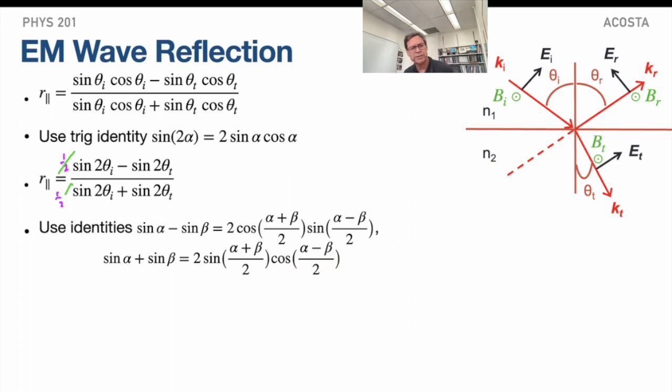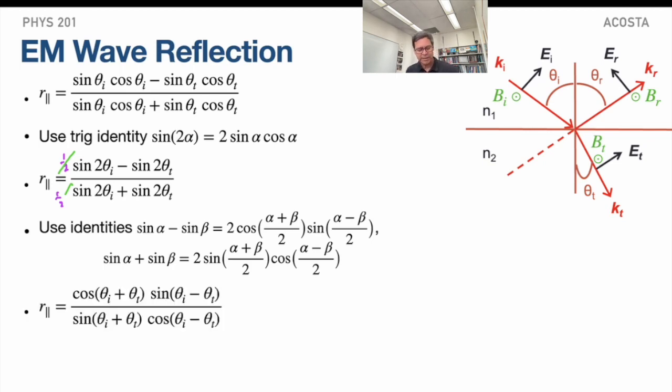So I can use these identities as well, and this will let me replace this difference in sines, or this sum in sines, in terms of these products of cosines and sines. So we're slowly whittling away the original r parallel expression down to basically just a ratio of single trigonometric functions, if we can. So I've got the difference of sine of 2 theta I minus sine of 2 theta t.